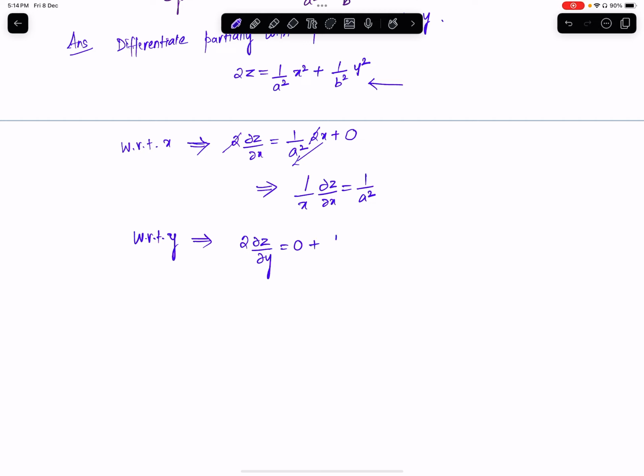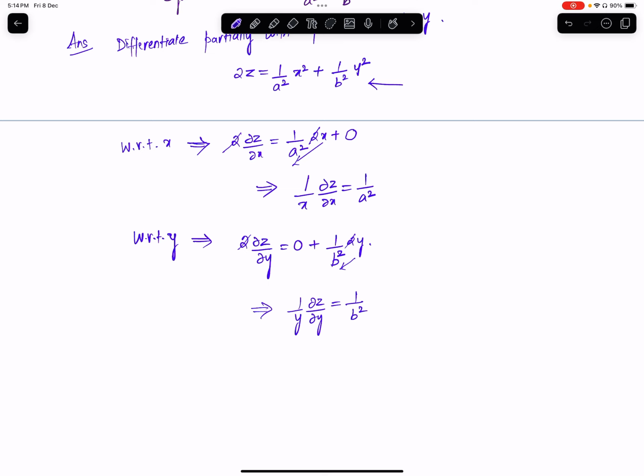Then plus 1 by b square. The partial derivative of y square with respect to y will become 2y. Like the previous step, here I can cancel 2 on both sides and I can bring this y to the other side. So this will become 1 by y dou z by dou y is equal to 1 by b square. Okay, so that's all.